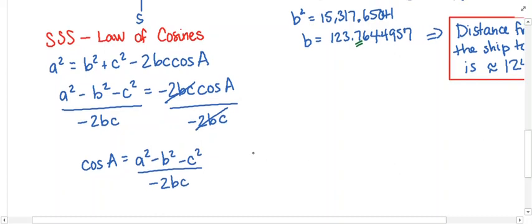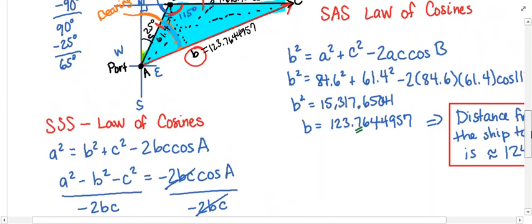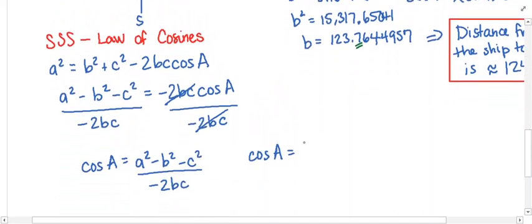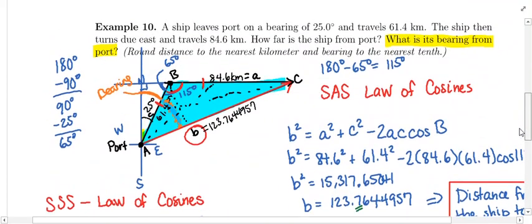So the cosine of A is going to be A squared. Side length A is the 84.6 kilometers, minus B squared. B is the decimal. Make sure you use the entire decimal expansion for accuracy. Minus C squared.